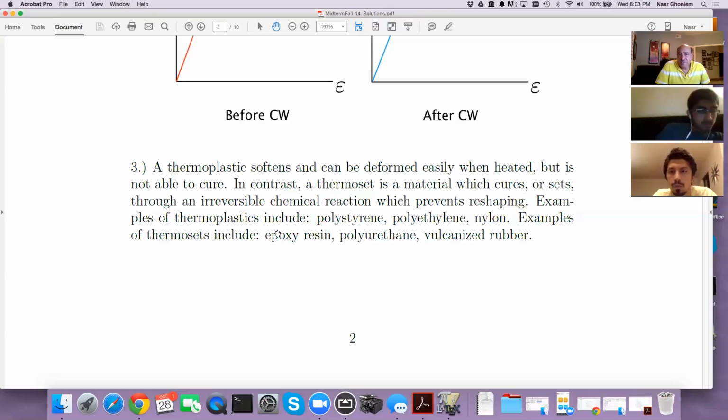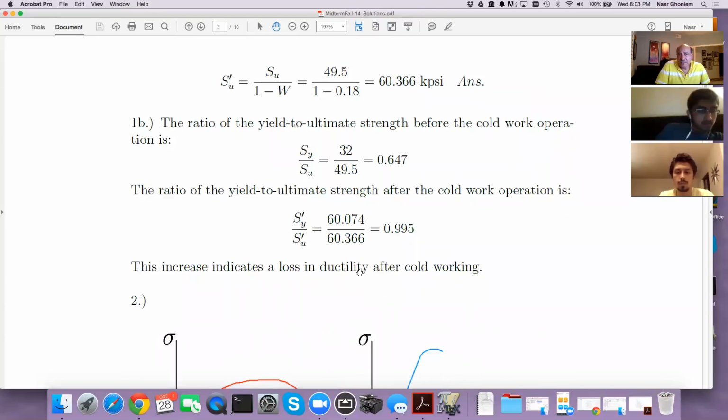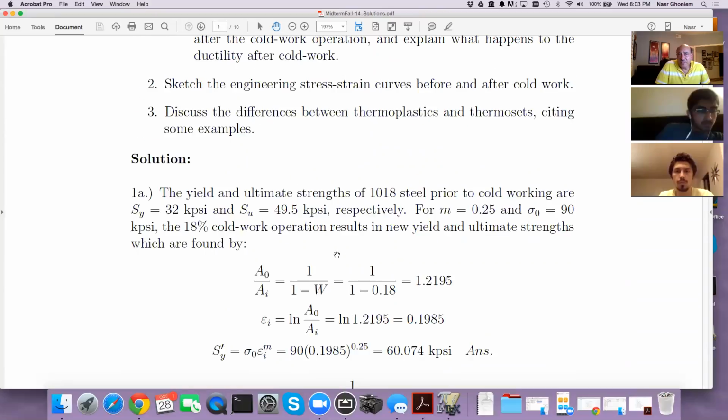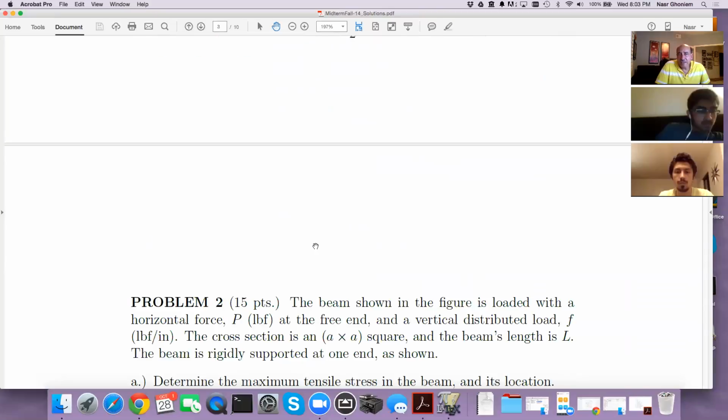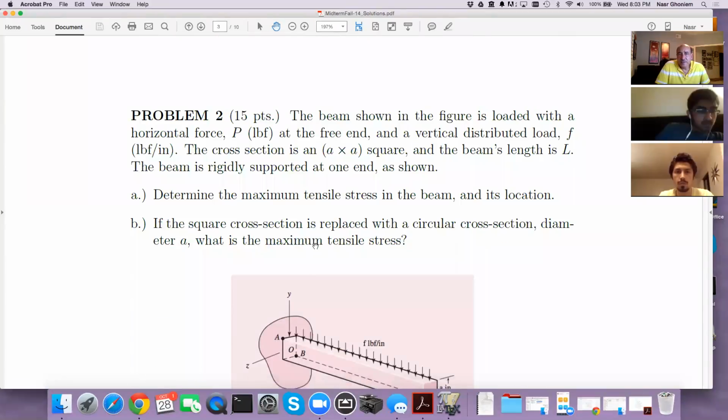Some examples of thermoplastics: polystyrene, polyethylene, and nylon. And thermosets: epoxy resin, polyurethane, and rubber. So these are more qualitative. This is a question that is half quantitative, half qualitative, from the information we have in the first part of the class.